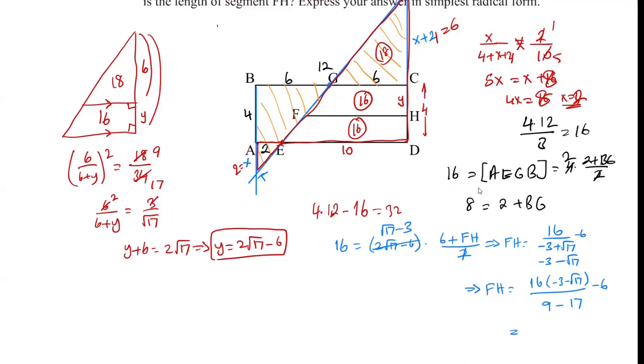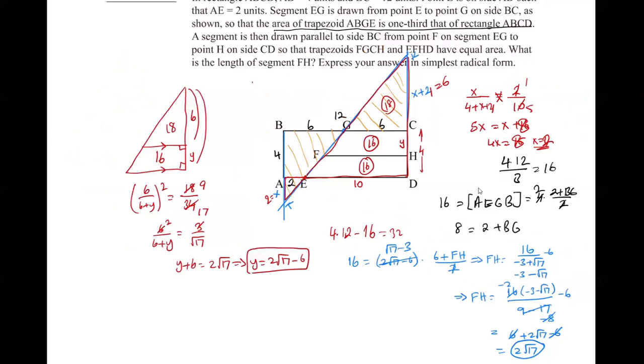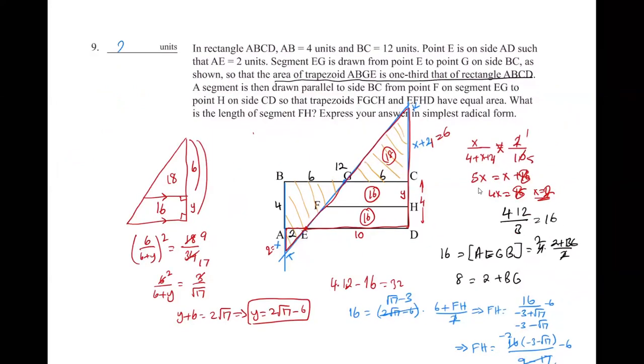This is equal to negative 8, and I can cancel this, which is going to be negative 2. If I expand those, you will get 6 plus 2 root 17 and minus 6. So these will cancel, and you get 2 root 17. So that is my final answer, in radical form: 2 root 17.